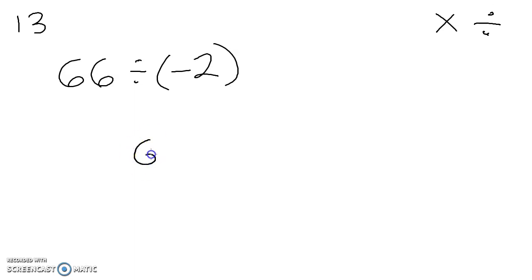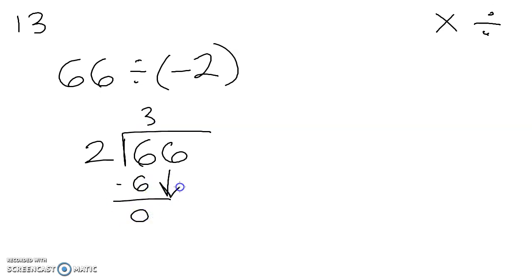So we have 66. I like to use the little house method for my long division. I'm going to divide it by 2. 2 goes into 6 3 times, because 3 times 2 is 6. I drop my other 6 down. 2 goes into 6, again, 3 times, because 3 times 2 is 6, with a remainder of 0. So it goes in evenly 33 times.